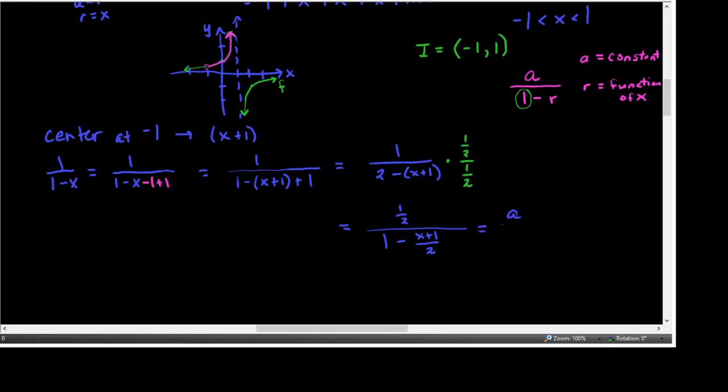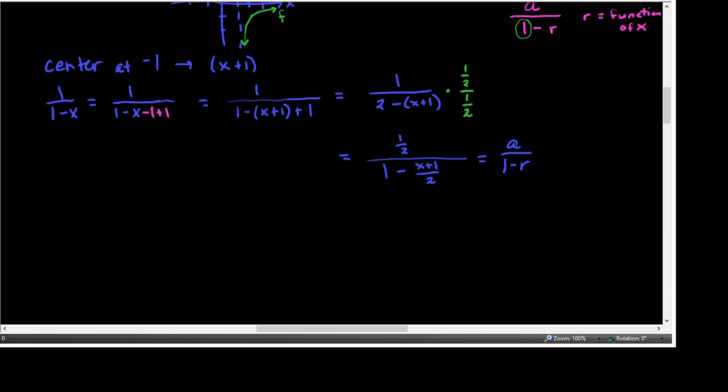And what we'll need to do is identify what part is a, which part is r, and then we can talk about what the series is and what it converges to. So a is the number in the numerator, so it's 1/2. R is the function of x subtracted from 1, so that's x plus 1 divided by 2.